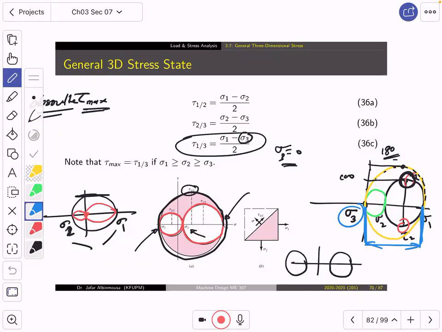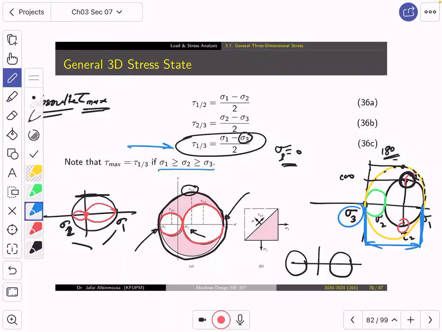Well, look guys, as long as you arrange the sigmas so that sigma 1 is the absolute maximum, sigma 2 is the second maximum, and sigma 3 is the third maximum, then tau 1 3 should give you the maximum shear stress, even if sigma 3 is 0.